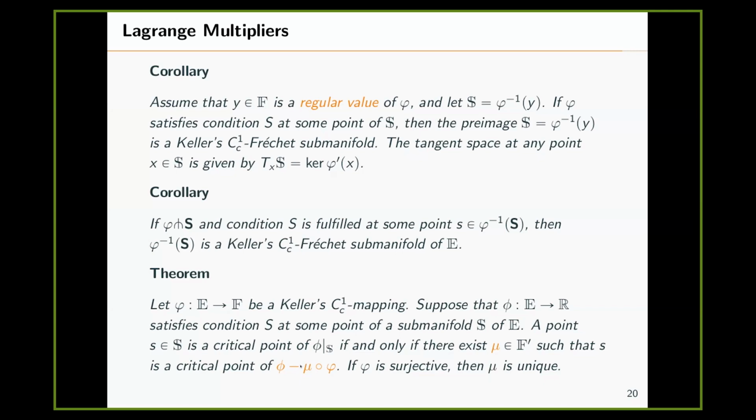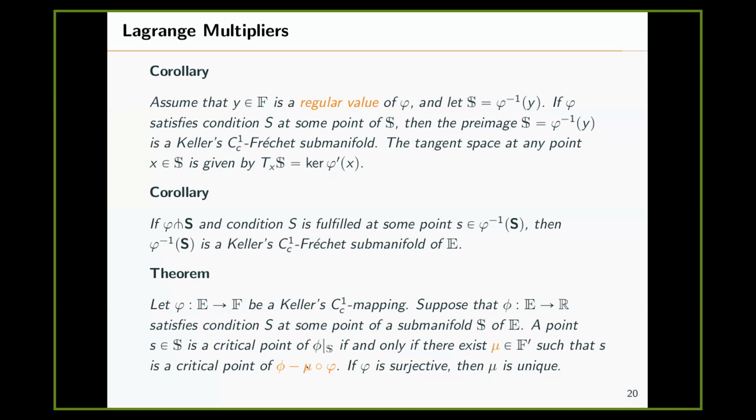Here mu is an element of the dual space that effectively accounts for the constraint imposed by phi. And if phi is surjective, then mu is unique.